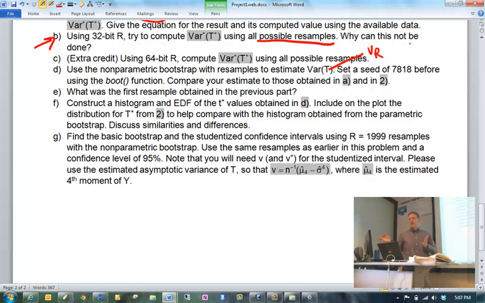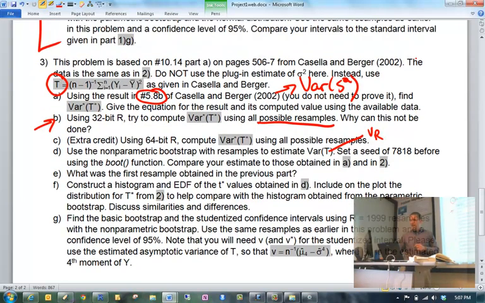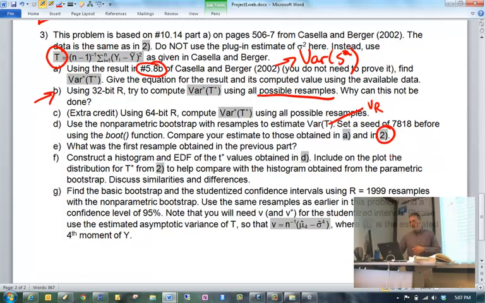Set a seed right before you use the boot function because I want everyone to get the same results. It makes my grading a lot easier. And compare your results to those obtained in Part A and in number 2 when you were using a parametric bootstrap. Remember, in number 2, we were actually using the true distribution from which the data supposedly was sampled, according to Casella and Berger.